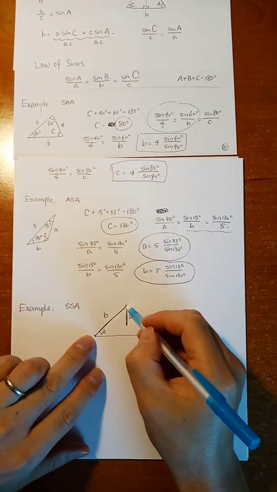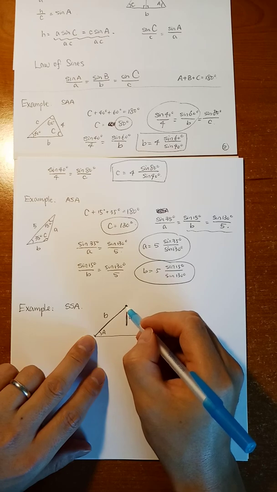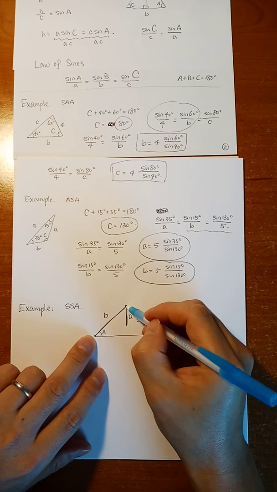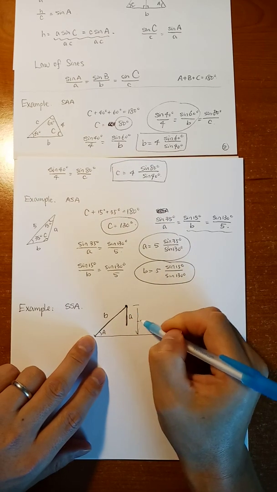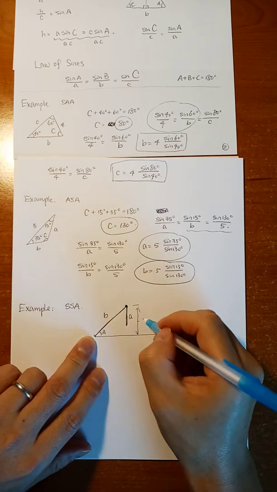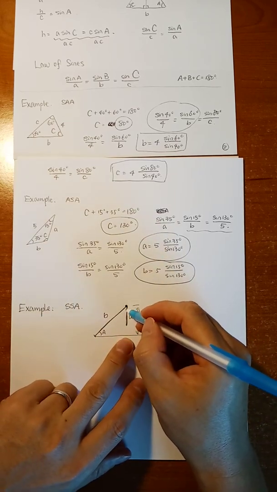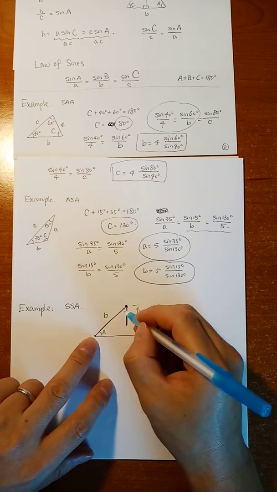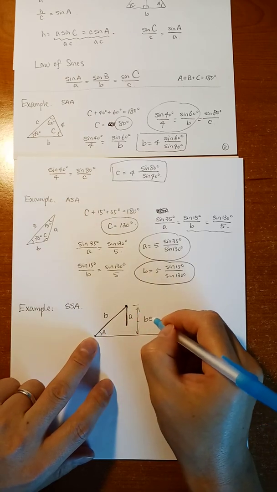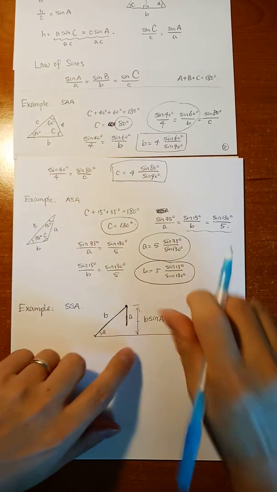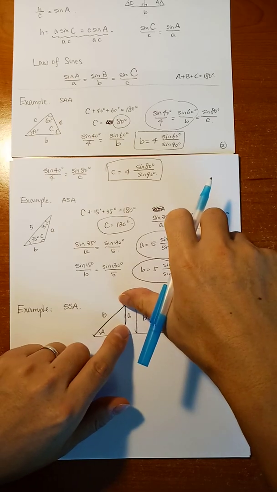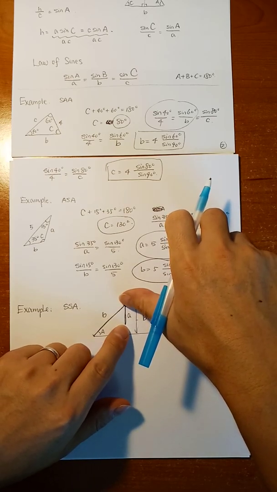So when you pick up one side B here, this point is fixed. From this point to the initial side of A, the minimum distance is B times sine A. This is a minimum requirement for the length of the triangle.